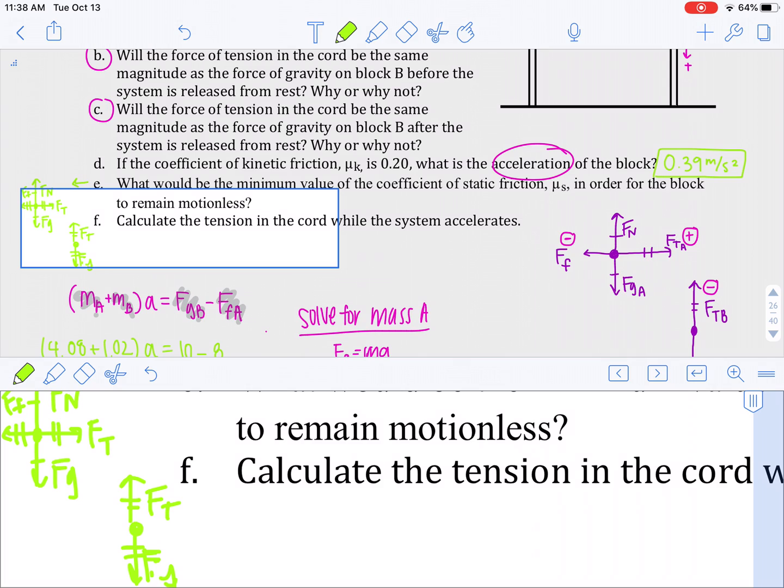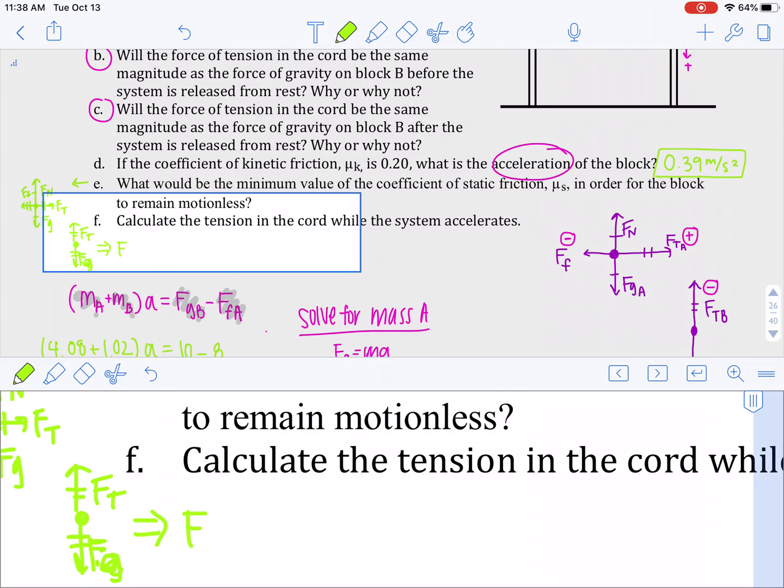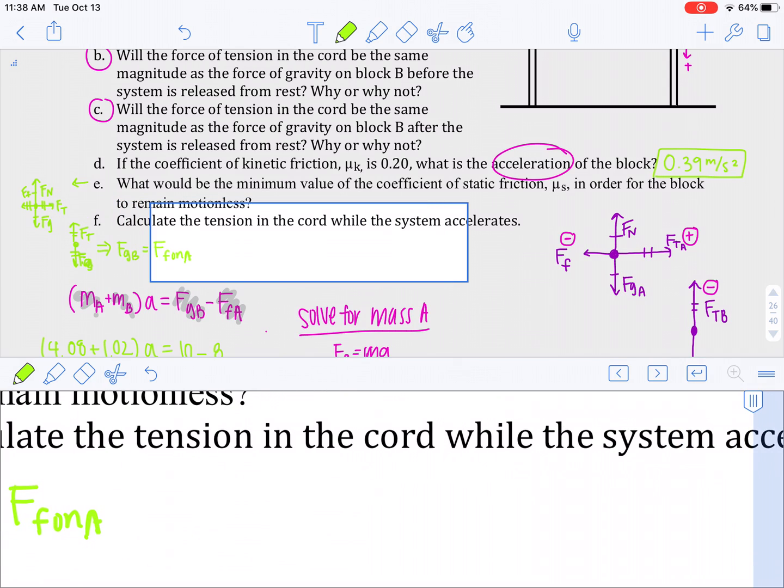So basically, if FT on A is equal to the force of friction on A, and FT on B is equal to the force of gravity on B, that would mean that the force of gravity on B would need to be equal to the force of friction on A. And I can take that and say, okay, 10 newtons is my force of gravity on B. And my force of friction equation is mu S times Fn of A.